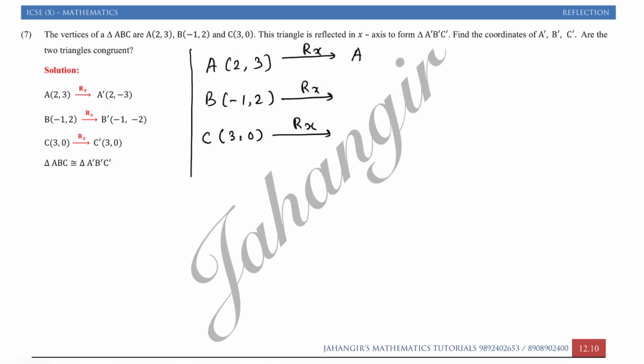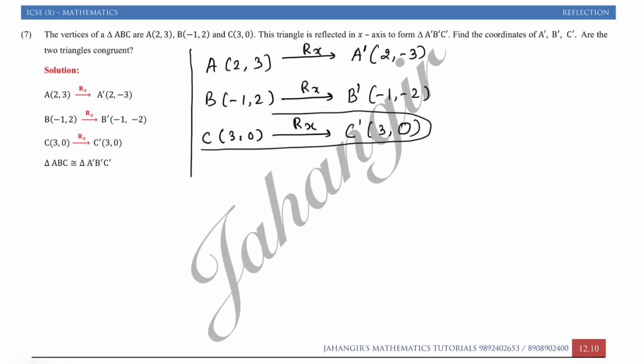When any point is reflected in the x-axis, its y coordinate changes the sign. B dash is (-1, -2), C dash is (3, 0). So if you will see, C is an invariant point. You can see when a point is reflected in the x-axis, its position is the same. So this type of point is called an invariant point.